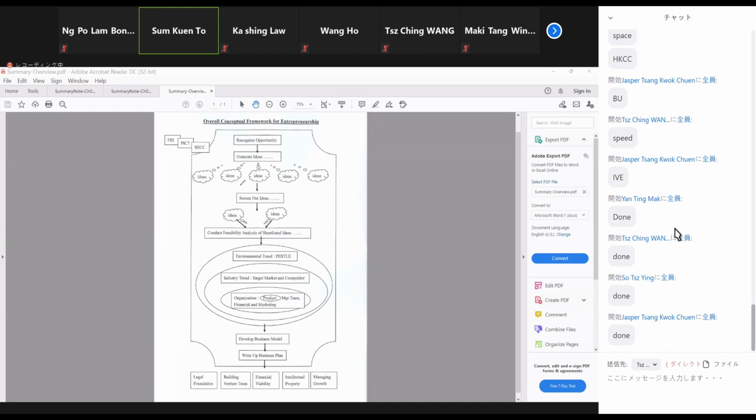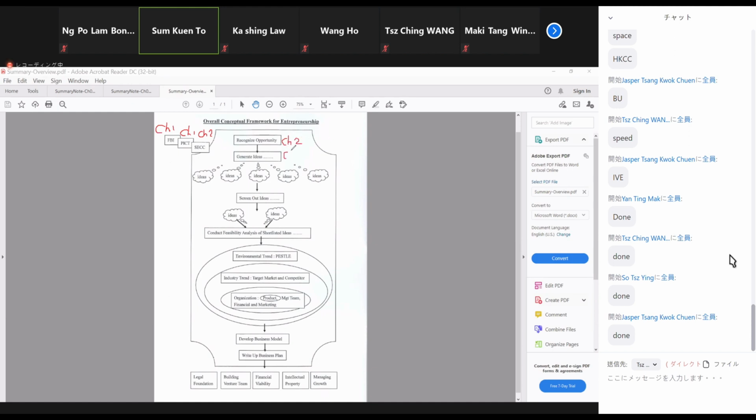All right. So in chapter 1, we talk about FBI. Chapter 1 talks about PICT. Chapter 2 talks about SECC. People also make use of RECORD, the PICT. And then chapter 2, we are talking about recognizing opportunity, generating ideas.